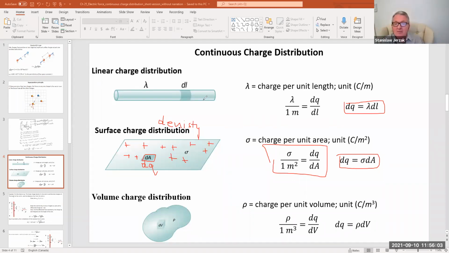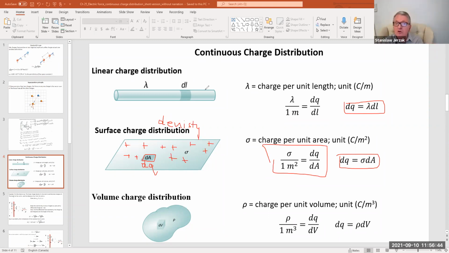You will see later on that the charge on a metal wire is actually distributed on the surface, not in the volume, and I will explain the reason for that in future lectures. Even if the wire has little thickness and little diameter, we can still treat it as a very long wire, and then we will be dealing with that lambda. So lambda will be the amount of charge per 1 meter of length of that wire.